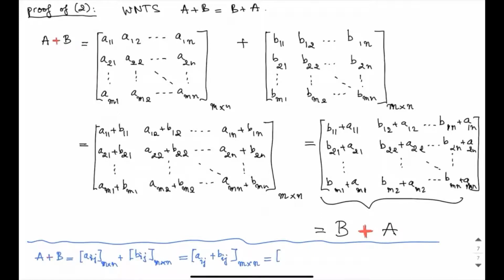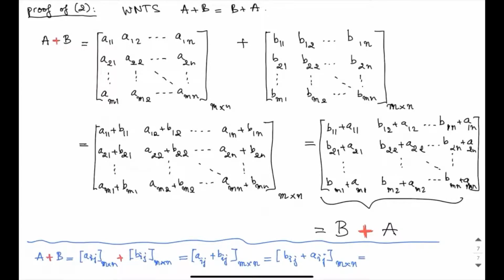Again, this is the addition of matrices. Right? So this is also the addition of matrices. However, inside the square bracket is the addition of real numbers, and the addition of two real numbers is commutative. So you are going to get Bij plus Aij, m by n.